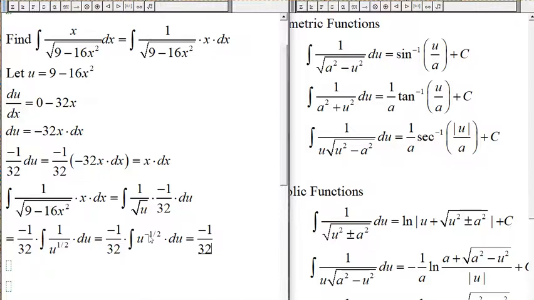And then again, the power rule for integrals: to get the antiderivative, add 1 to the exponent and then divide by the result. So negative 1/2 plus 1 is just 1/2. So this would be u to the 1/2 and then dividing by 1/2.